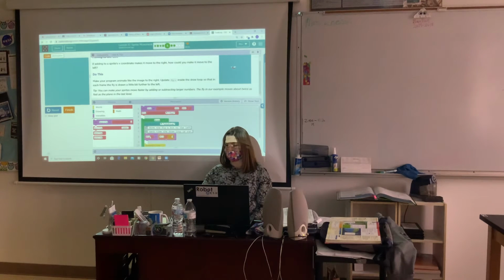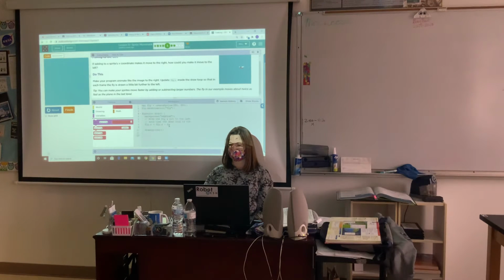So I can pull the blocks over and this ends up being 4 different blocks from my toolbox. Or I can switch over to text mode and just type in fly.x equals fly.x, subtract, and the number. And make sure that we end it with a semicolon. What happens if I don't have the semicolon? Reset, run.